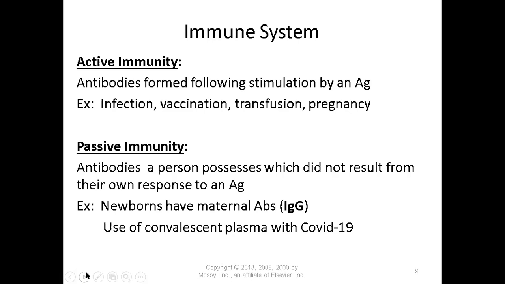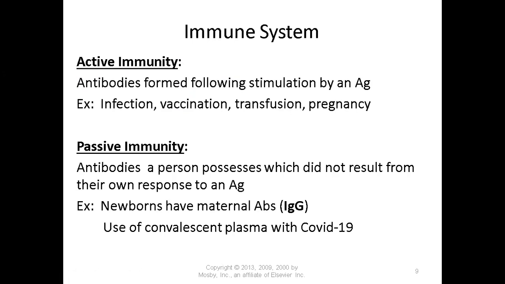Basically, when your body recognizes those foreign pieces of the virus, it makes antibody against it, and that is what offers us protection. So what you're seeing hopefully in each one of these thus far, active means the person's own body is making the antibodies. Okay, through transfusion.